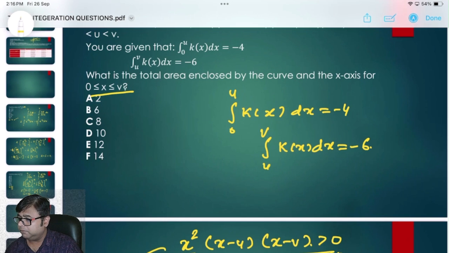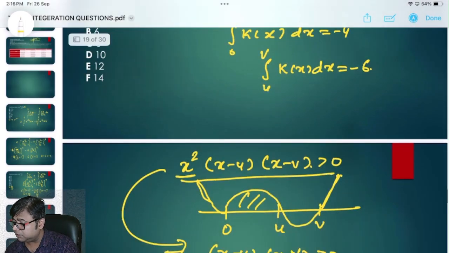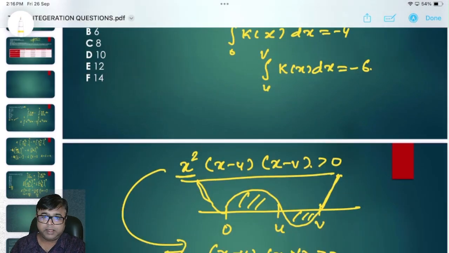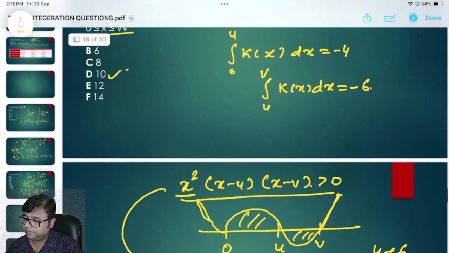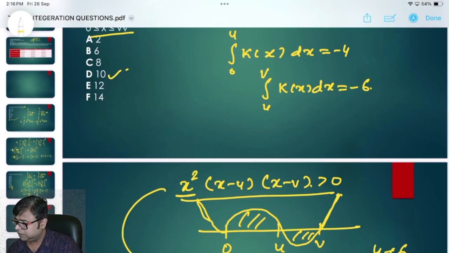So what is the total area from 0 to v? 0 to v is this and this, but both I need to take as positive. So the answer will be 4 plus 6, and that is 10. So the answer is 10 square units. This is something which you have to understand. Right. Let's move on to the next.